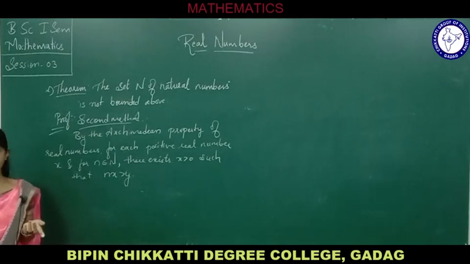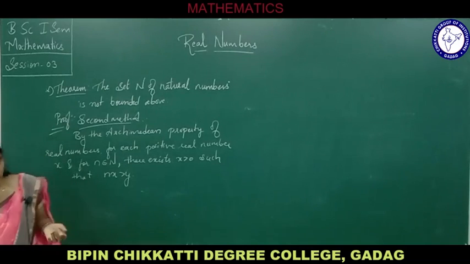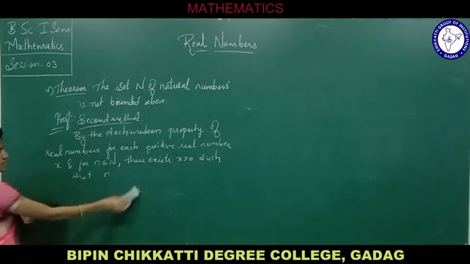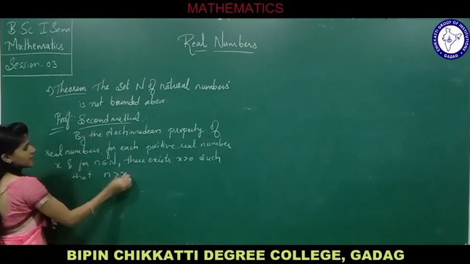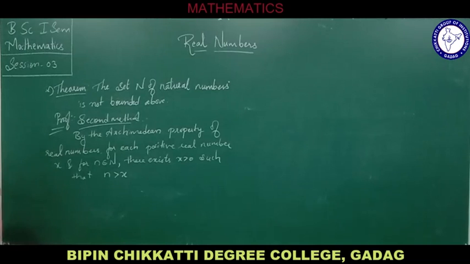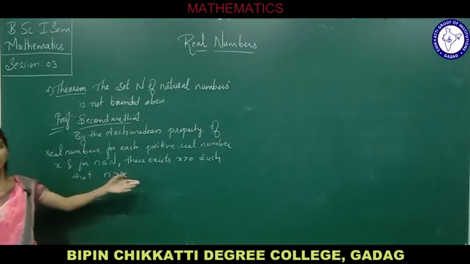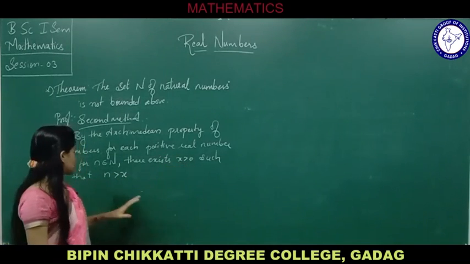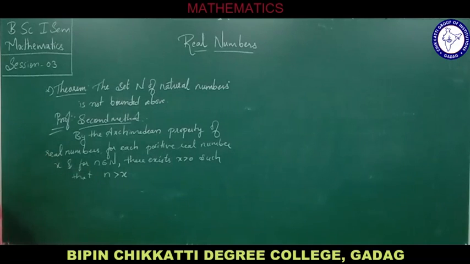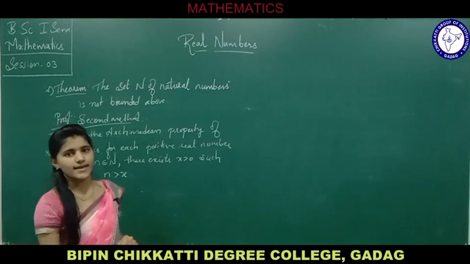This was the Archimedean property, right? Or else we can write n is greater than x. For each positive real number, that is, there exists x greater than 0, in the sense this is a positive real number, such that this n is going to be greater than x.